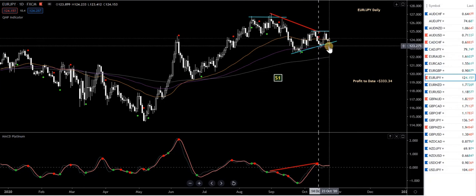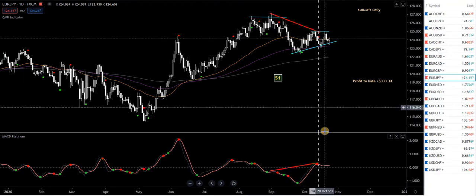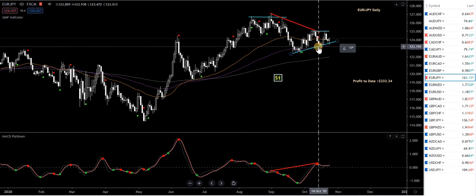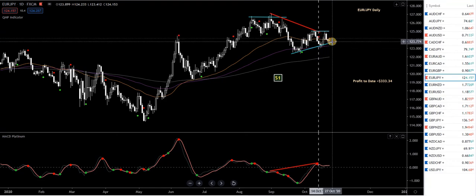On Friday, it looked like it was going to break down, but now it's popped back up at the close of the market on the weekend. So we might still look for a sell here. That's what I'm saying, basically, in a nutshell. I didn't take it initially because of the higher risk, but it's still a valid sell signal at the moment. So if it breaks this trend line cleanly, then I'll possibly be looking for a sell.